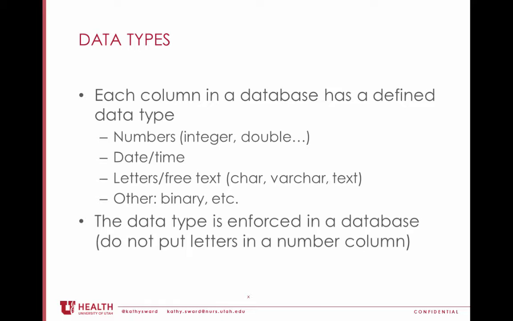And then some databases include other data types like binary values, for images or so forth. Now, an important thing that differentiates a database from like a spreadsheet is that those data types for each column are generally pretty strongly enforced. So if it's defined as a number column, you often cannot put letters in that column.